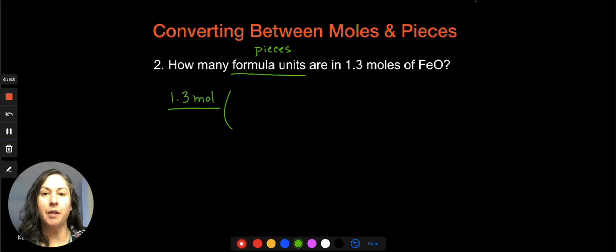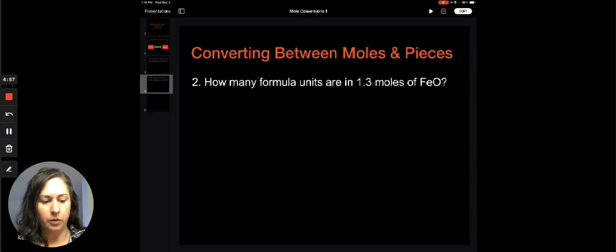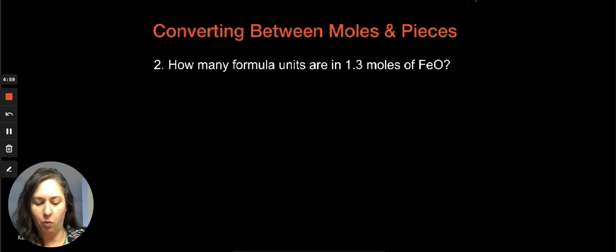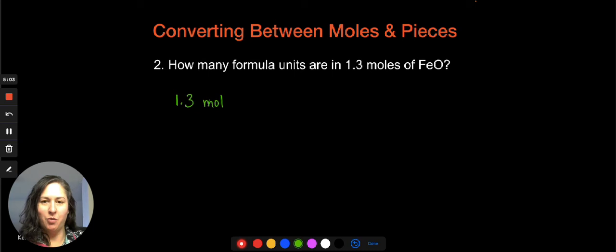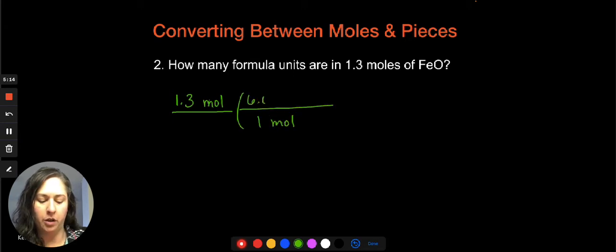Whatever comes in the step before, if I want to cancel it, has to go on the bottom. Let's try that again: 1.3 moles. Sometimes I hit it just wrong with my hand or sleeve. For every 1 mole, we're going to put Avogadro's number on the top, 6.022 times 10 to the 23rd formula units.